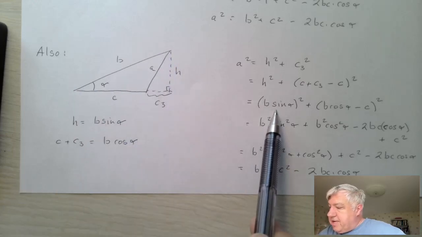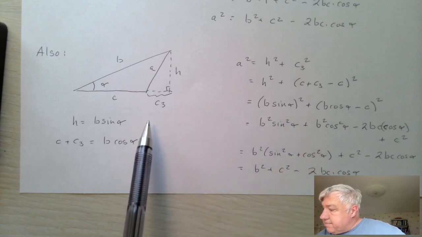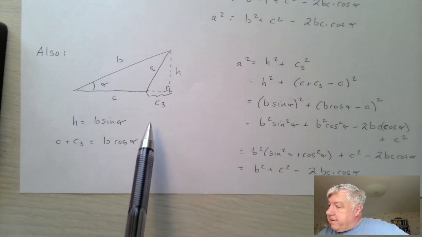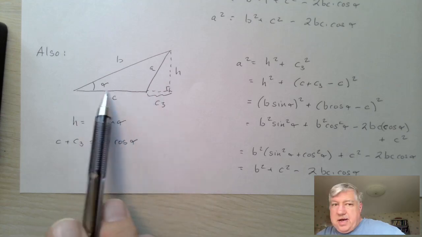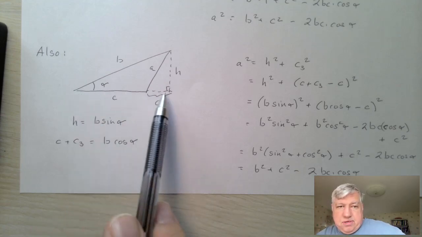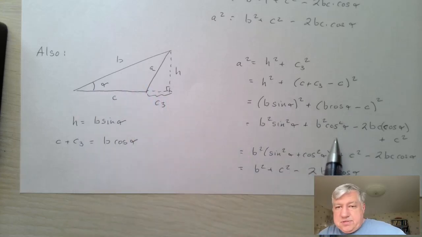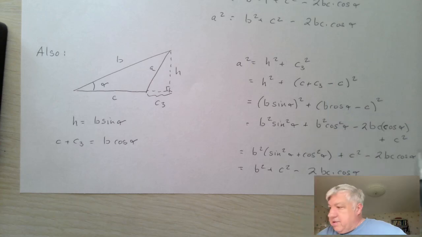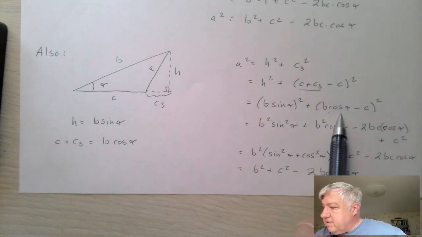And c plus c3 is the adjacent side of this big triangle, so c plus c3 is b times the cosine of alpha. So that's how we get this.